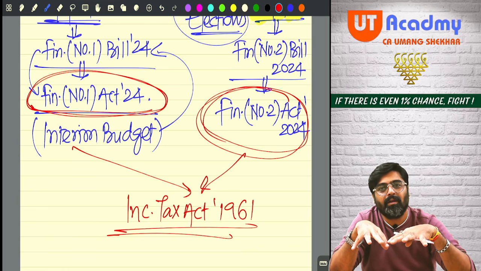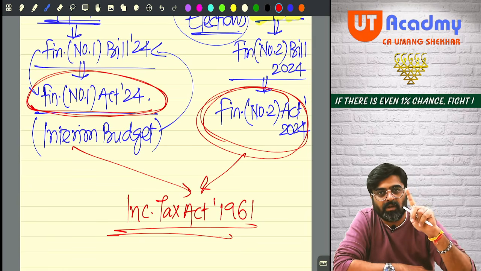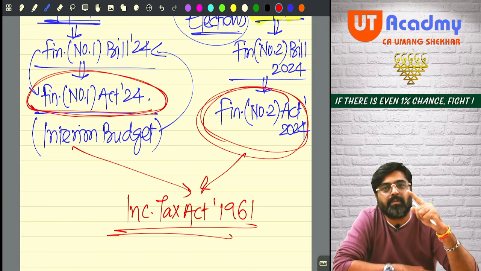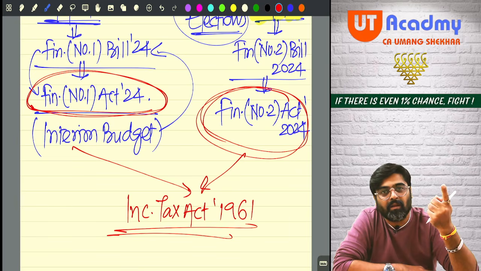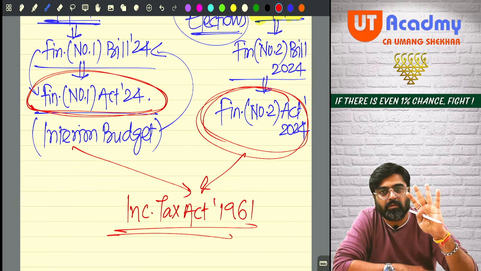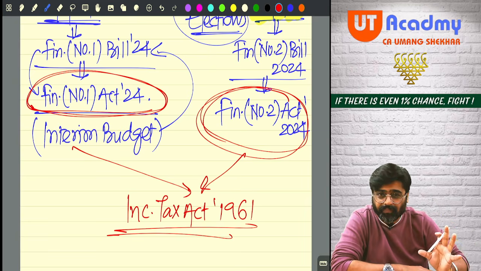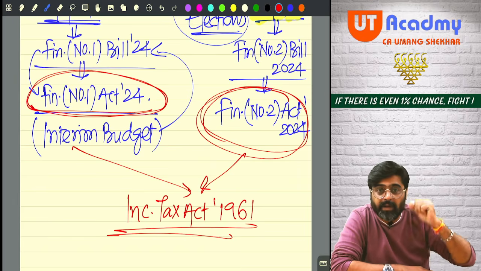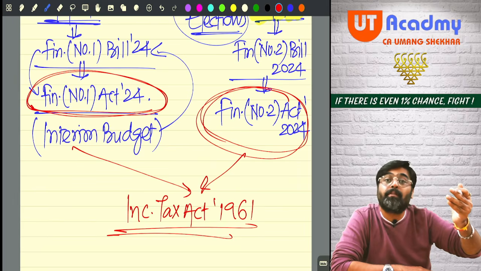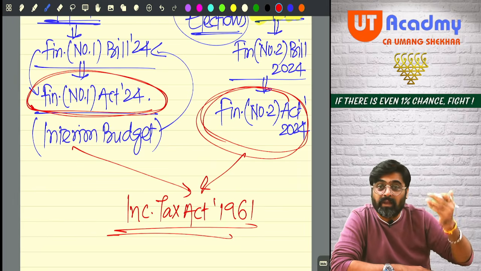Getting my point? And once you pass CA Inter, then you go for your articleship and final. Majority of the students, unless there are some unavoidable situations, will not leave CA.